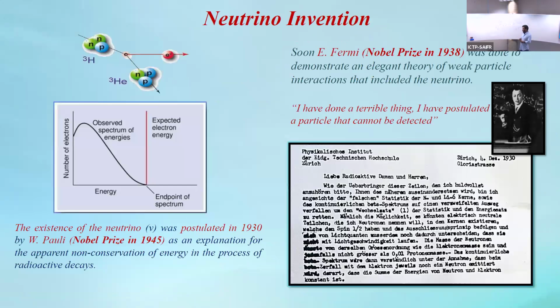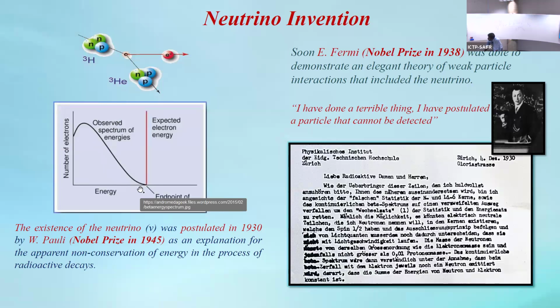Then the neutrino enters. As you see in the diagram, in the beta ray spectrum, the emitted beta energy distribution is continuous.